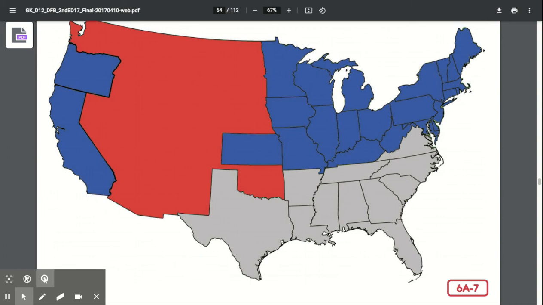People in most southern states decided, we'll start our own country that allows slavery. The North, with Lincoln as president, refused to let the South do that, saying, we should be one country and we should not allow slavery.